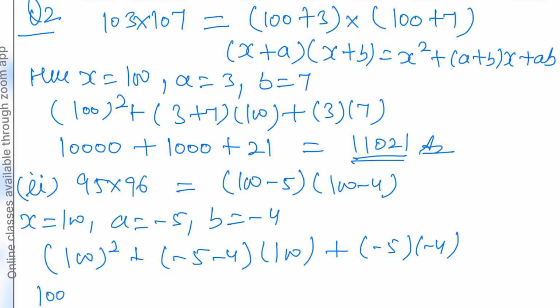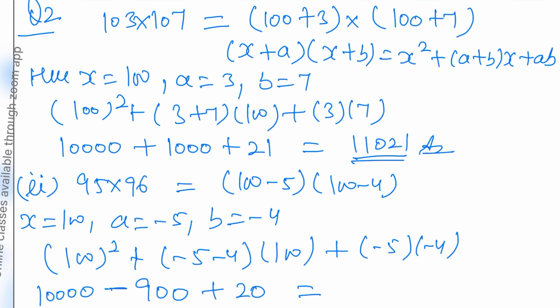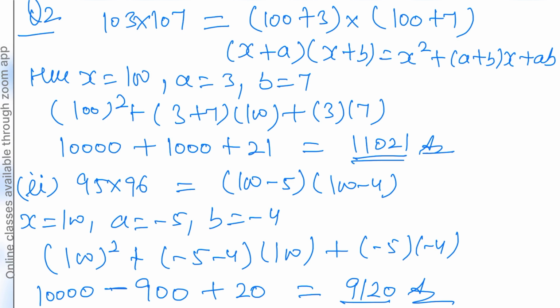So 100 square gives you 10,000, plus minus 9 multiplied with 100 is minus 900, and negative into negative gives you a positive term, so 5 fours are 20. Now solving this, 10,000 minus 900 is 9,100, plus 20 is 9,120. This will be the answer.